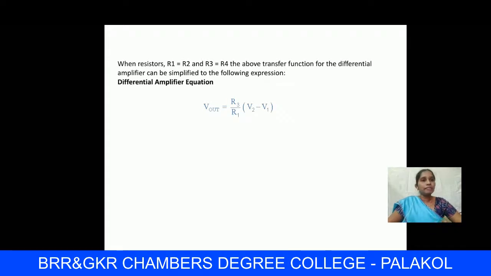Here it is a difference. V2 is the non-inverting amplifier input and V1 is the inverting amplifier input. So the differential amplifier equation is V out equal to R3 divided by R1 into V2 minus V1.